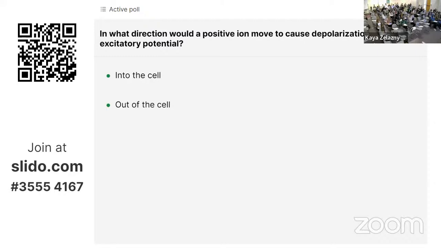Is that positive ion going to move into our cell or out of our cell? Written into the question, but also think about what ion we think might be the one doing this, now that we know which direction our ions want to go.